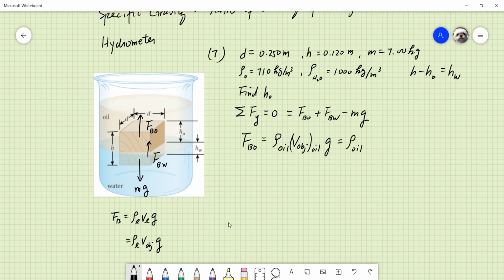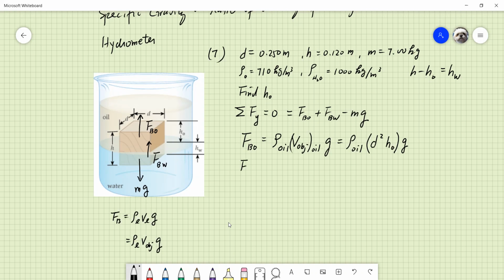What is the object volume in the oil? It should be D squared times HO, the area times the height, and then multiplied by G. Now I'm going to do the same thing for the water.